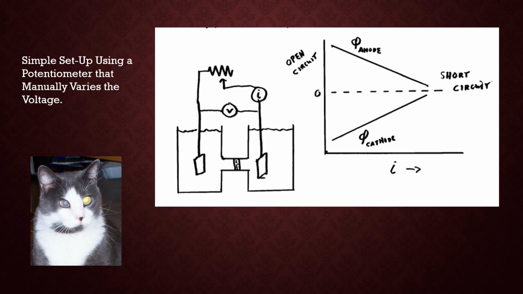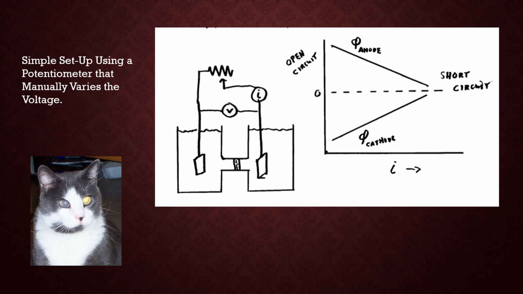Boris is here, and he's drawn us a little cartoon of a very simple setup, and you did this in quantitative analysis, or I did it for you actually this year in quantitative analysis for the electrode galvanic cell experiments. If I applied a voltage across that resistor, that potentiometer, I could vary it by playing around with the tapping point on the potentiometer.